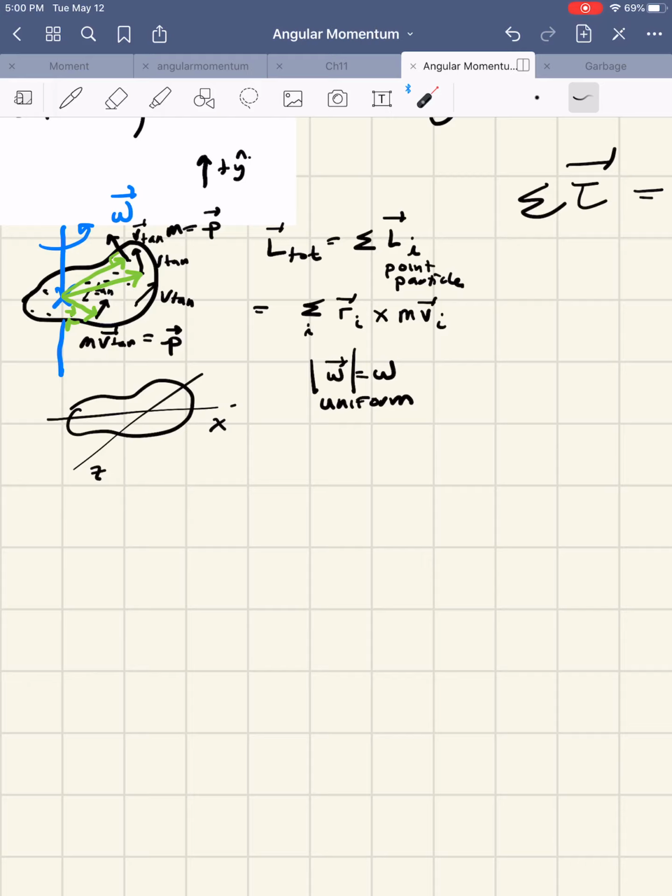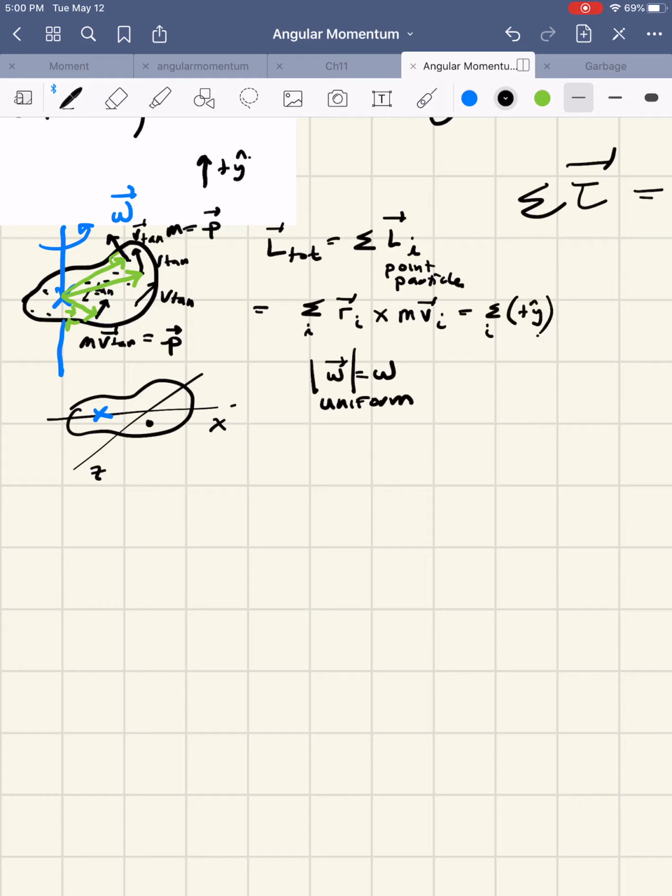If I thought about some point particle, maybe one here, its r vector crossed with its mv vector, like I said, is going to be exactly perpendicular, and for the cross product, if you line your pinkies up with the first vector in such a way that you can fold it into mv, what you'll see is that the resultant vector r cross mv will point in the positive y hat direction. So every single one of these points in the positive y hat direction.